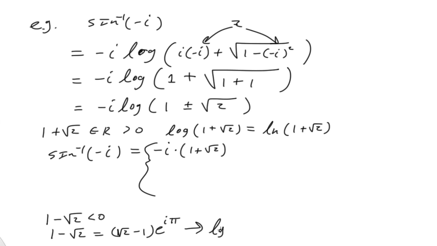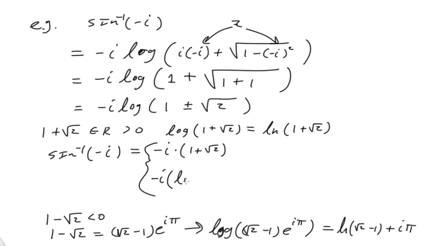So the complex log of root 2 minus 1 times e to the i pi becomes natural log of root 2 minus 1. That's a positive value in there now. Plus i pi. All right, so then now we have here negative i times natural log of root 2 minus 1 plus i pi.